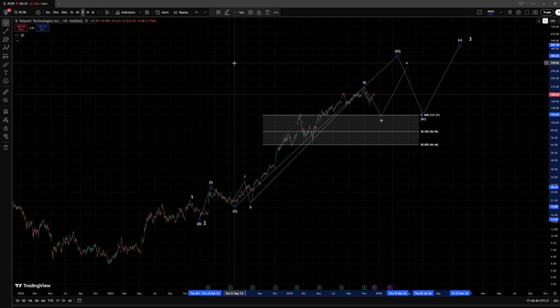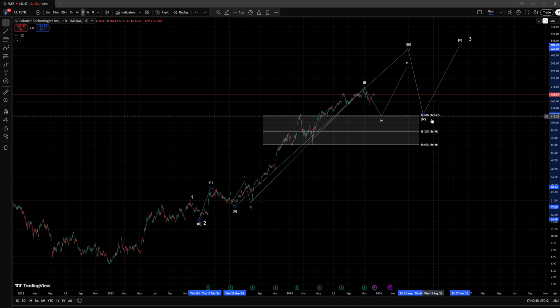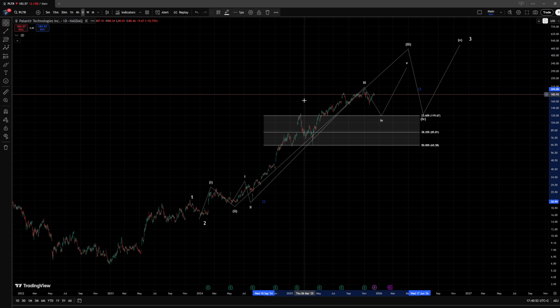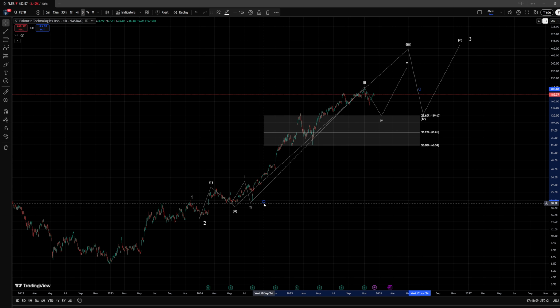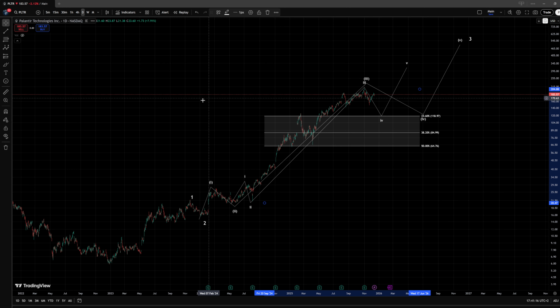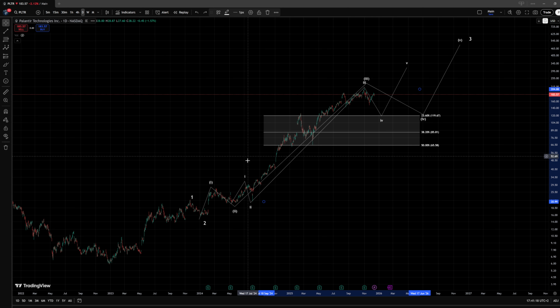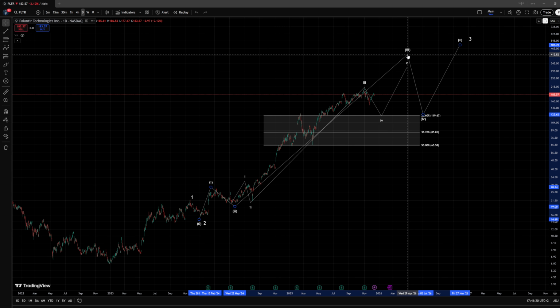Now the positive part about these interpretations is that overall this area of support that we are tracking for a potential wave 4 here is extremely similar for both interpretations, because here the beginning of the wave 1 is in a very similar place with the bottom of the wave 2, in which case it would be slightly different if we were to adjust for the interpretation that the third wave would have already topped. The area of support would shift a little bit, maybe 1%, a very small amount.